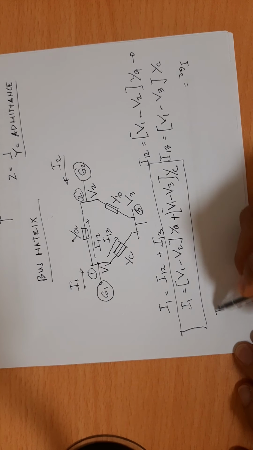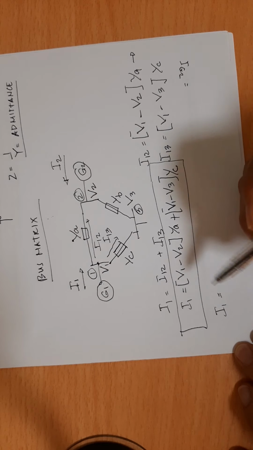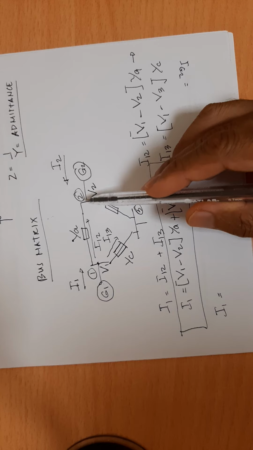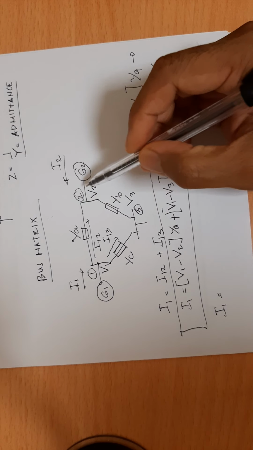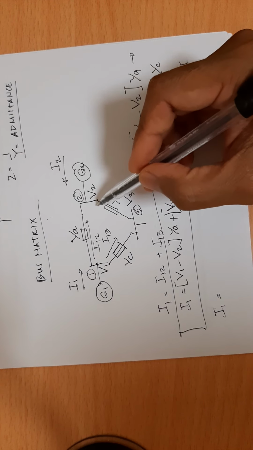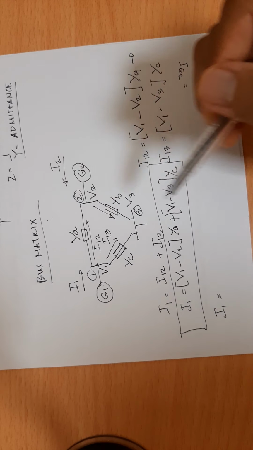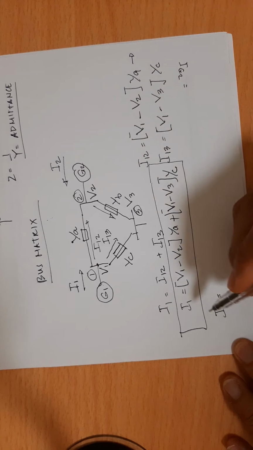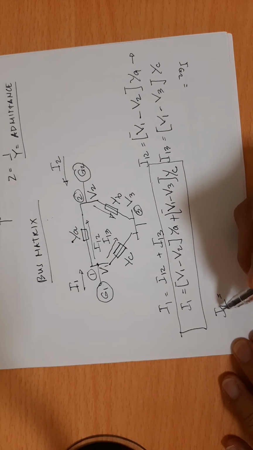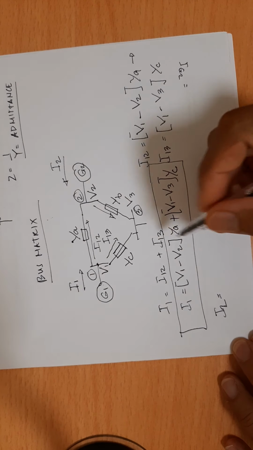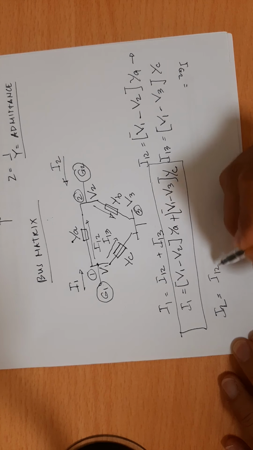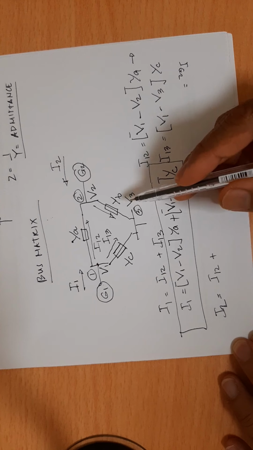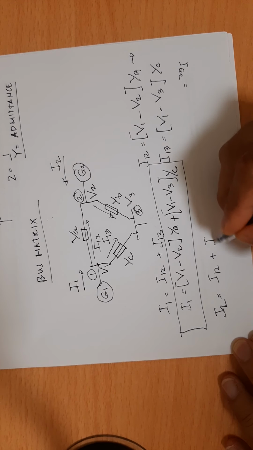So in I2, we have the current going here. The summation for I2 is I21 plus I23.